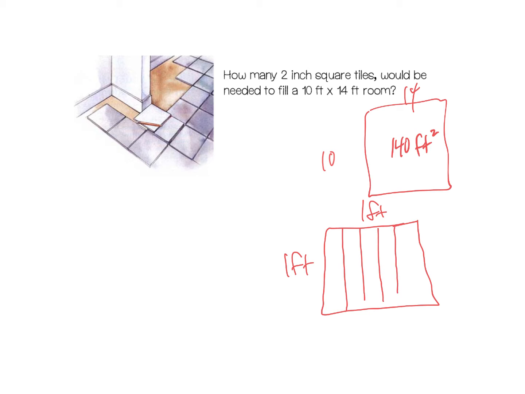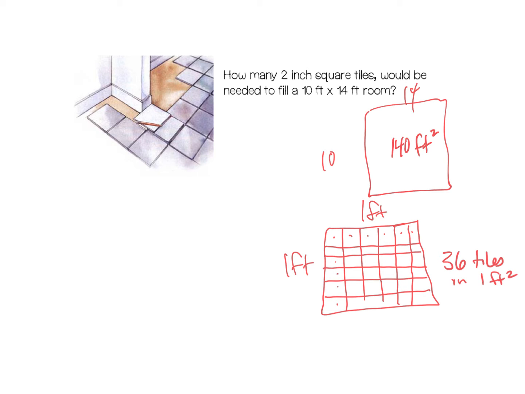6 tiles all the way across here, because I would have 2, 4, 6, 8, 10, 12 inches that way. This is horrible, but I can fit 6 tiles going this way: 1, 2, 3, 4, 5, 6. So really, in 1 square foot, I have a total of 36 tiles.